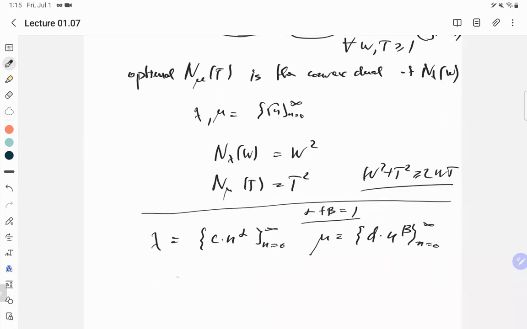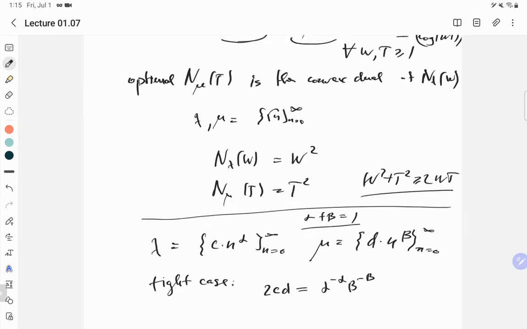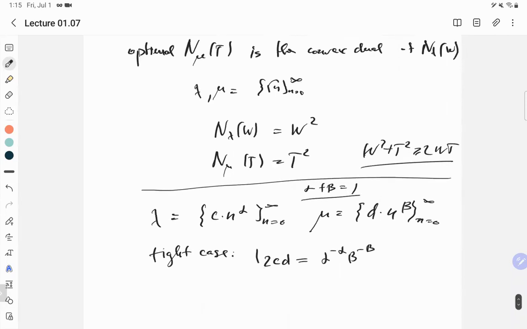Then this optimality comes in. The tight case is when the product 2 times cd is equal to a certain number. You can work out what this inequality looks like, and it actually tells you this condition.